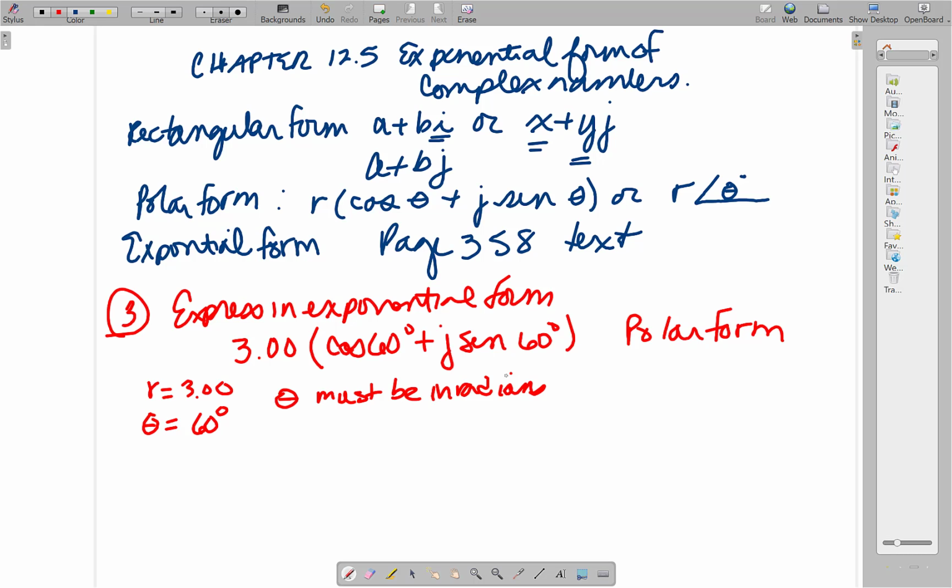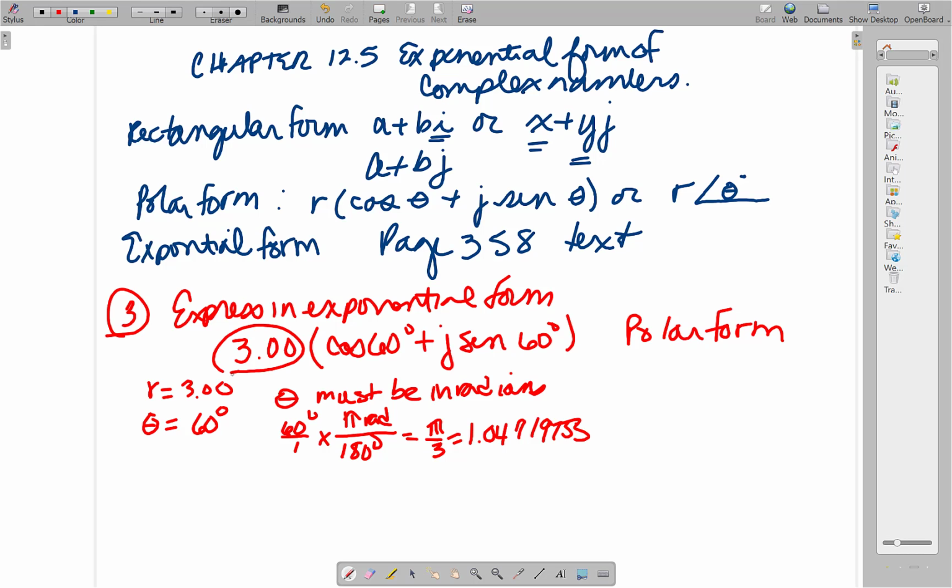Or you can do it the long way, where you take 60 degrees over 1 times pi radians over 180 degrees. Work that all out, and you're going to get pi over 3, which is equal to 1.047197555. And we're going to round it to 3 significant digits because we have 3 significant digits here.